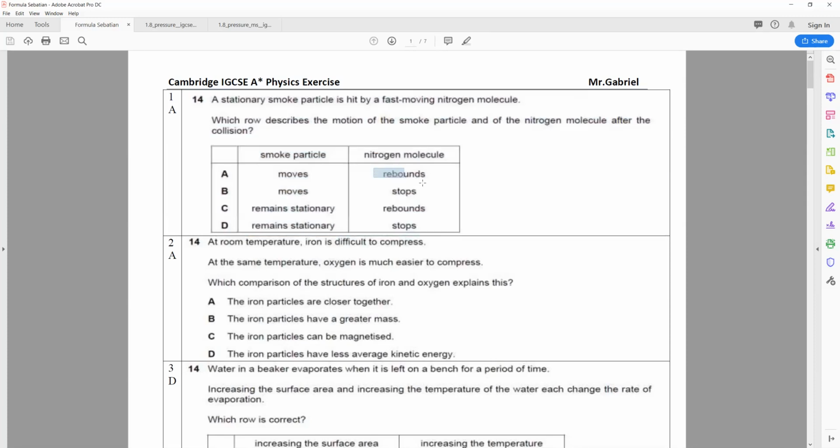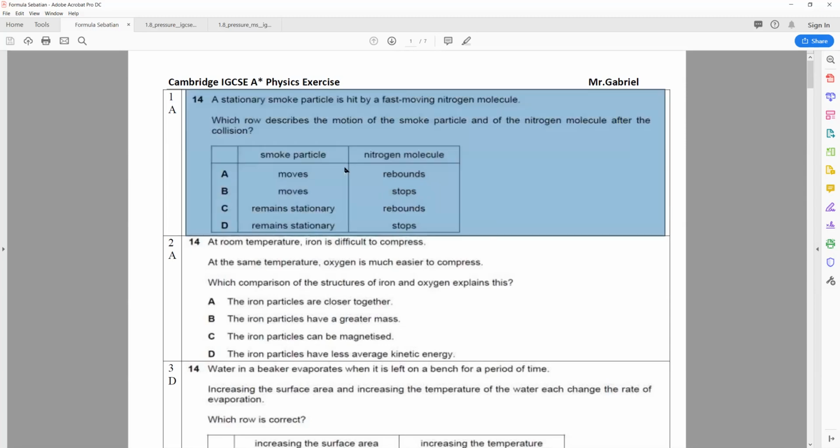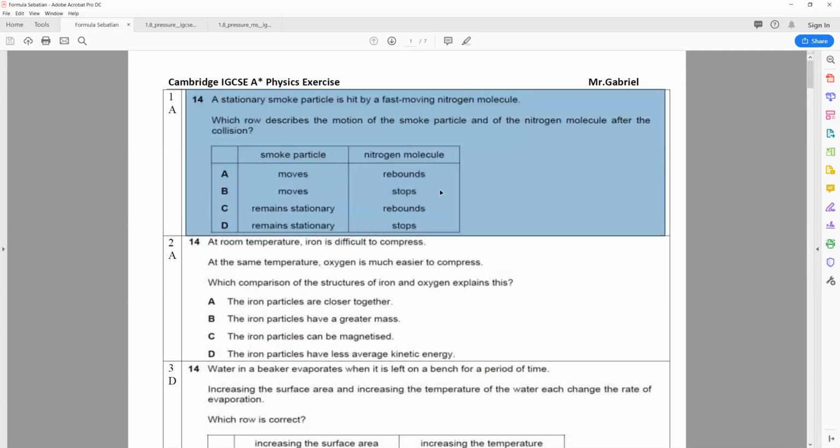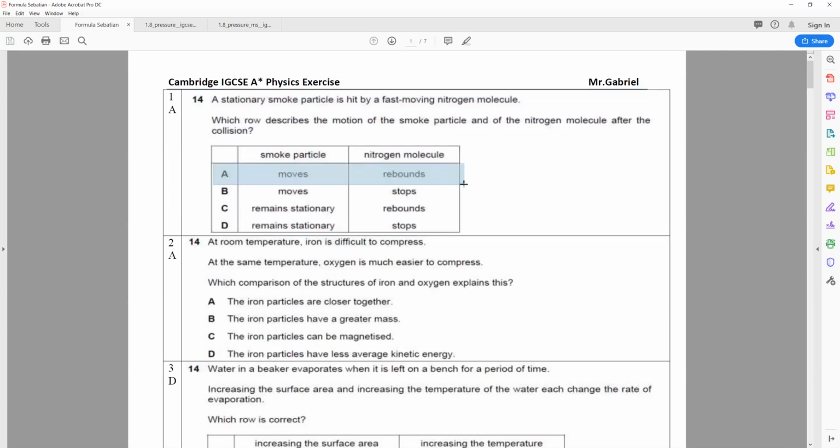But there is a possibility for the nitrogen molecule to stop as well if all the momentum is totally transferred to the smoke particle. But because in this particular question they say it was a fast-moving nitrogen molecule, the likelihood of it stopping would be quite negligible. That's why the answer here is going to be move and rebound.